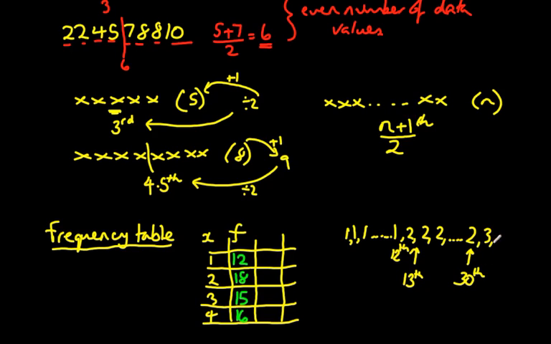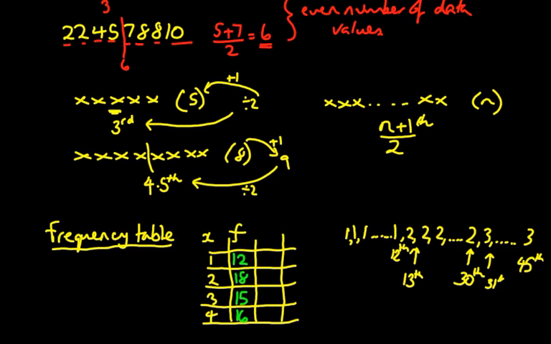Then I've got all the 3's, starting with that. This number here is the 31st number in the list, and the very last 3 is going to be the 45th number, and so on. I haven't put the 4s on, but I could. So how do we do the median? We go back to our formula, the n plus 1 over 2. What's n?